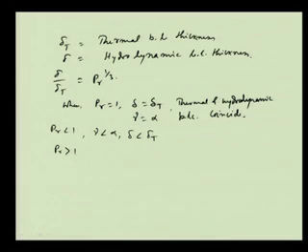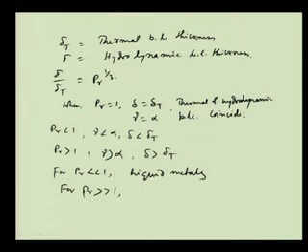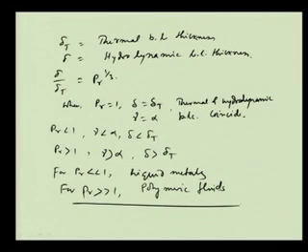And if Prandtl is greater than 1, then nu is greater than alpha and delta is greater than delta T. Also, Prandtl much less than 1 happens for liquid metals, and Prandtl much greater than 1 happens for polymeric fluids. This we have already discussed, but it is a reminder.